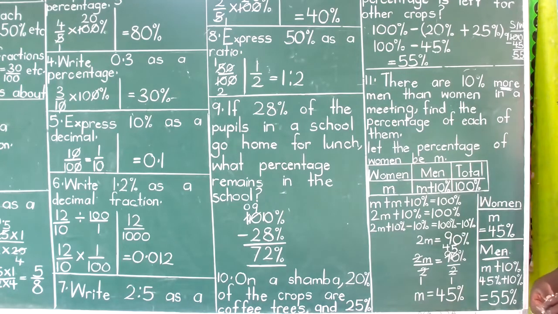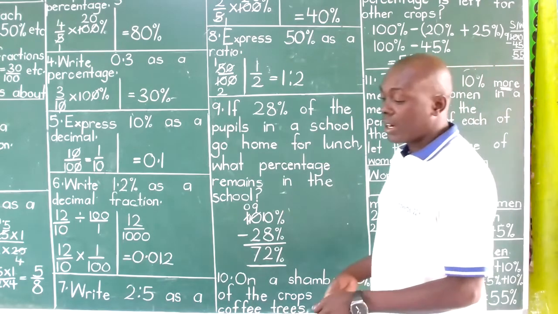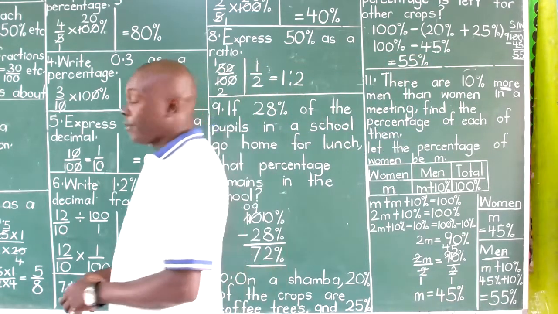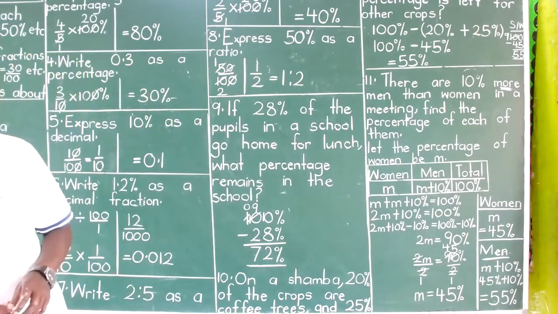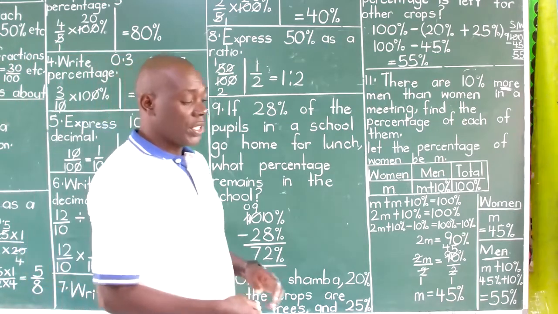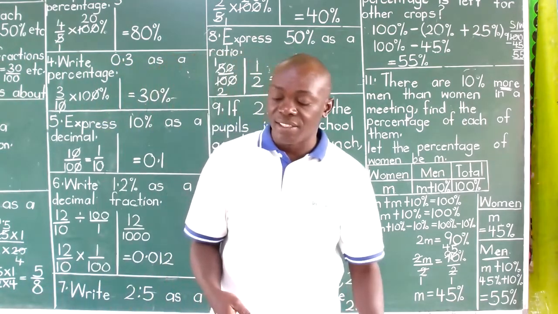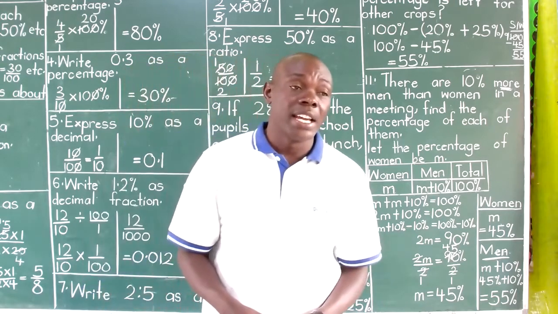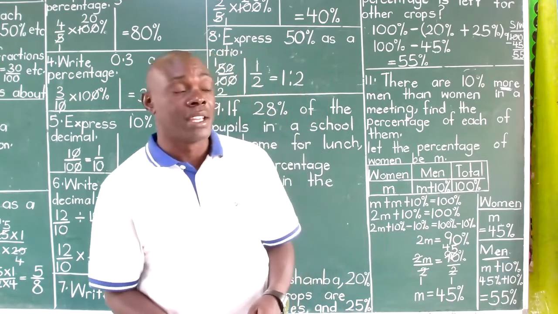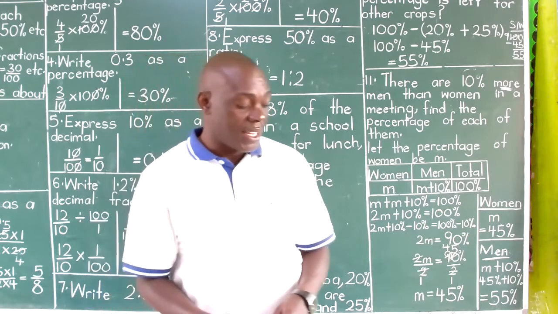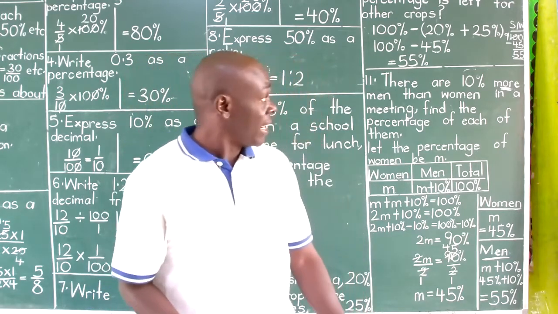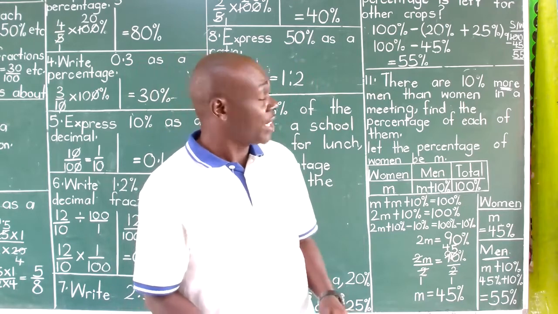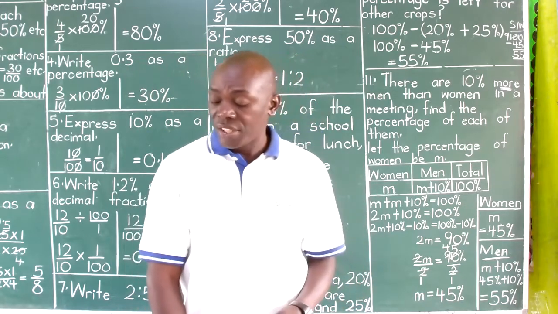We shall answer all the work from pages 40 all the way to 46 of our workbook concerning percentages. I'm very sure if you watch and follow every example, you will be able to answer as many as 6, if not 8. This is not the exercise.